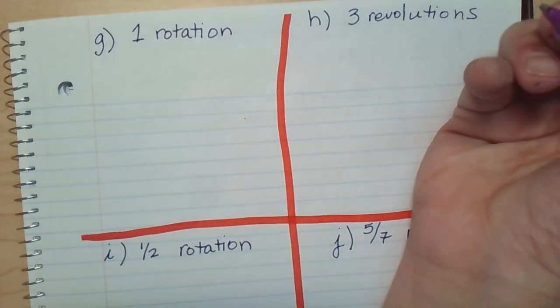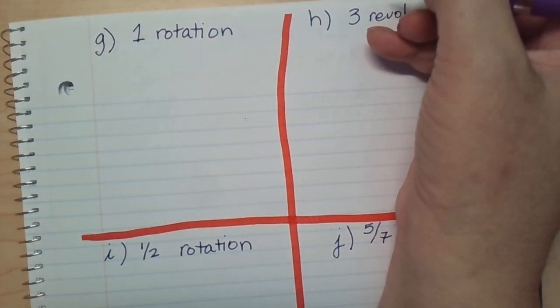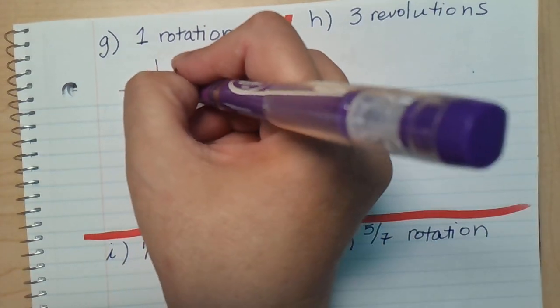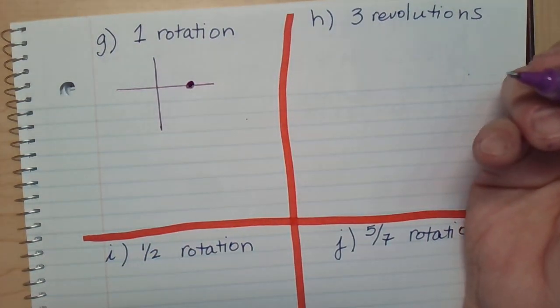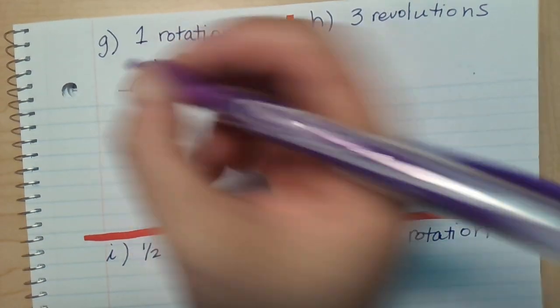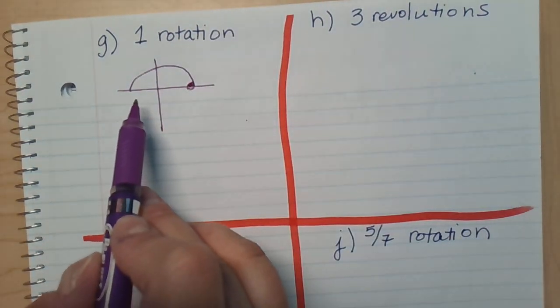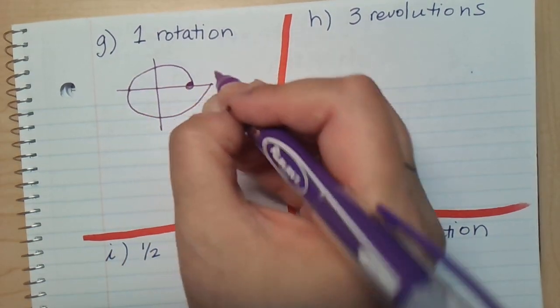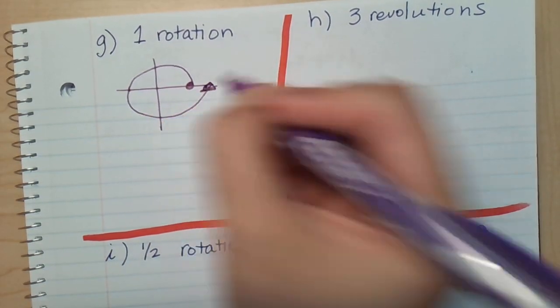Okay, what does rotation mean? Rotation means a circle. So let's think about this. When I draw angles, I start at the x-axis, and one rotation, let's see, is this one rotation? Nah, I gotta go all the way around. That's one rotation.